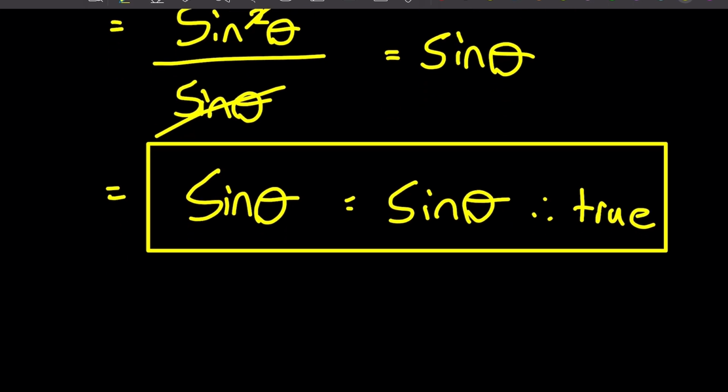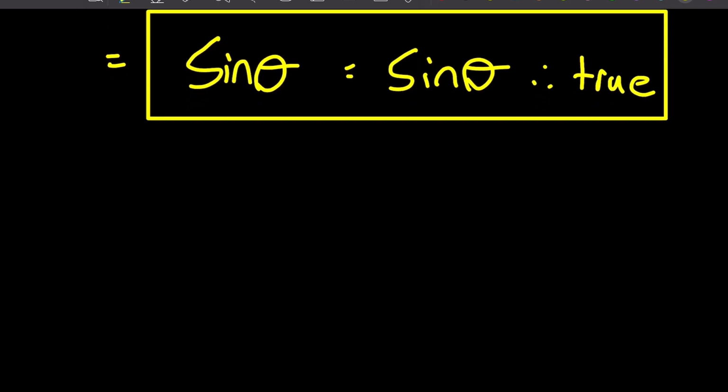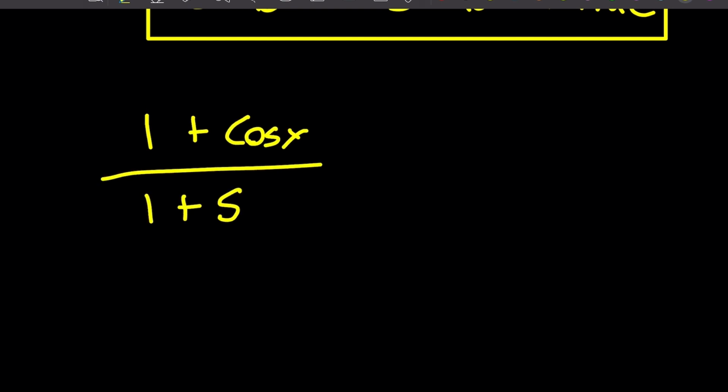Now we're going to be continuing a little bit more. So for our next question, we'll be proving the identity 1 plus cos x over 1 plus sec x is equal to cos x. So here's a tip.